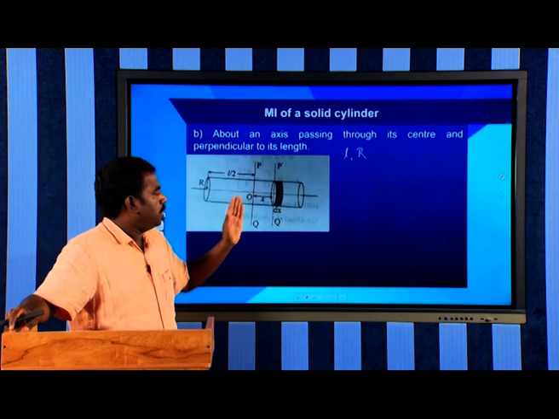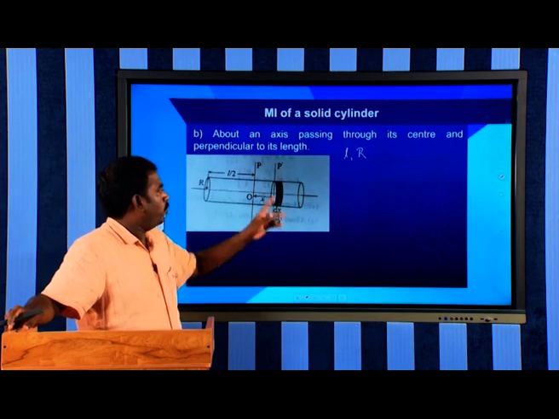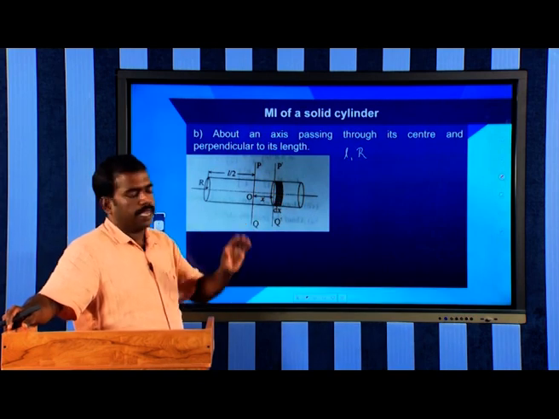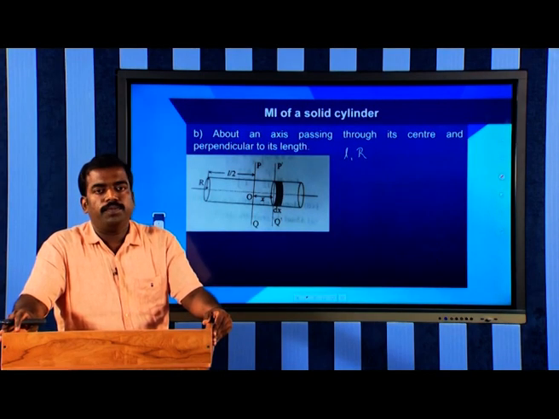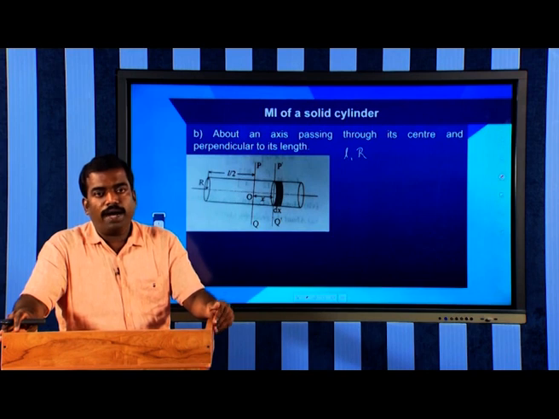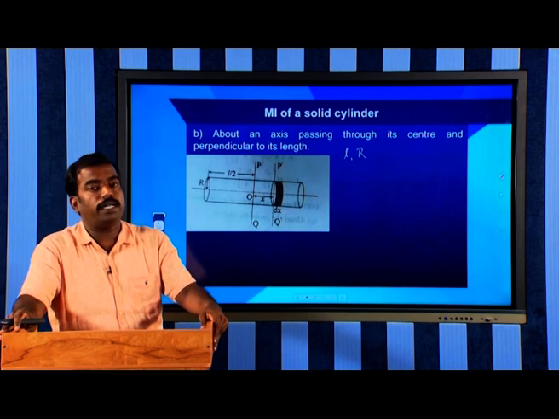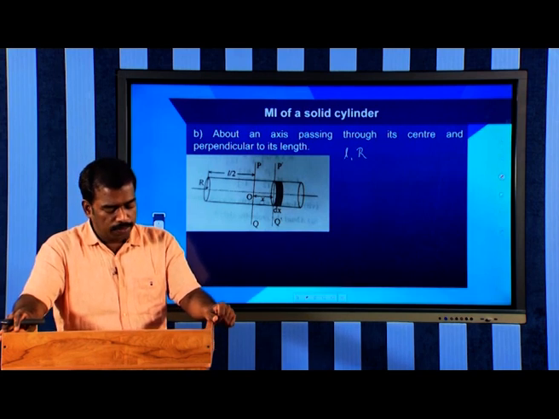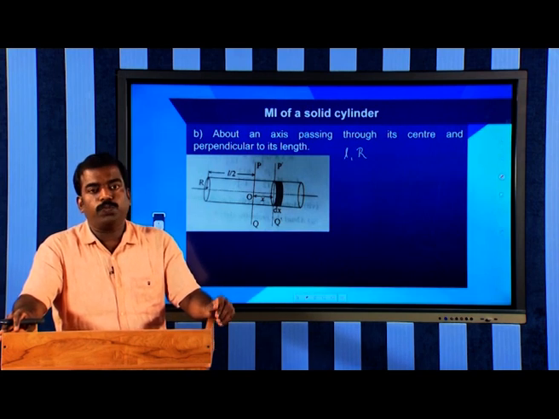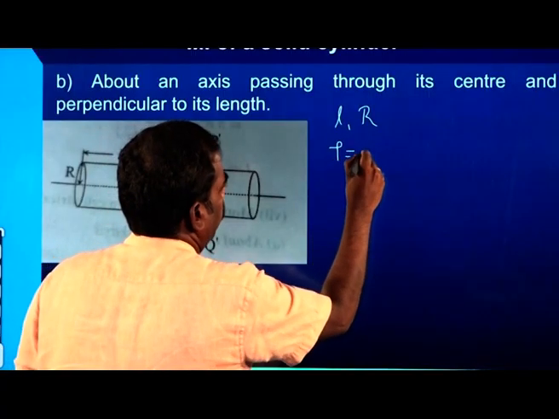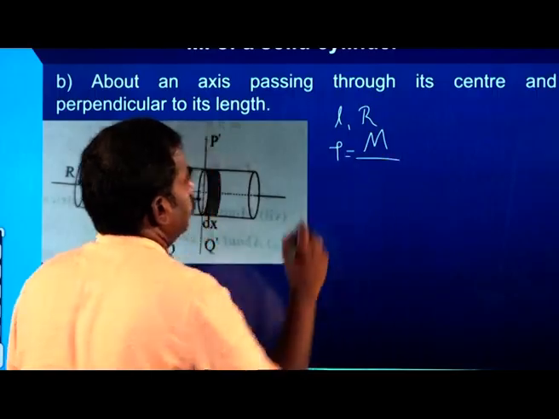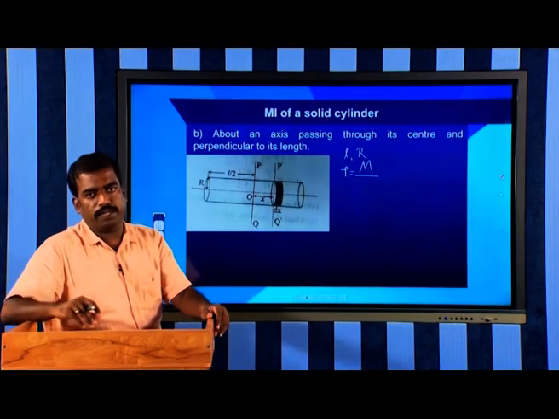First we find the moment of inertia of this small circular disc about the axis p dash q dash. In the previous cases we considered mass per unit area. Here we consider the mass per unit volume, rho, which is capital M divided by the volume of the cylinder.